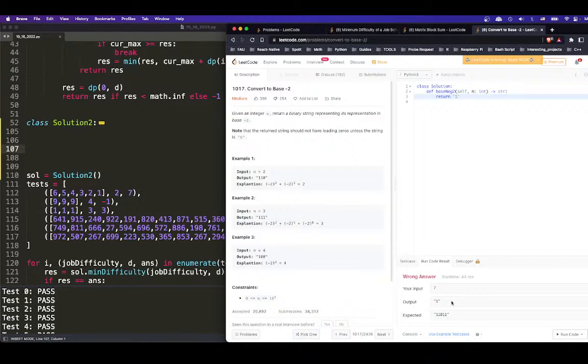Yeah, that's the problem. But if we can form every value, that means any value can be formed by those values added together, right?